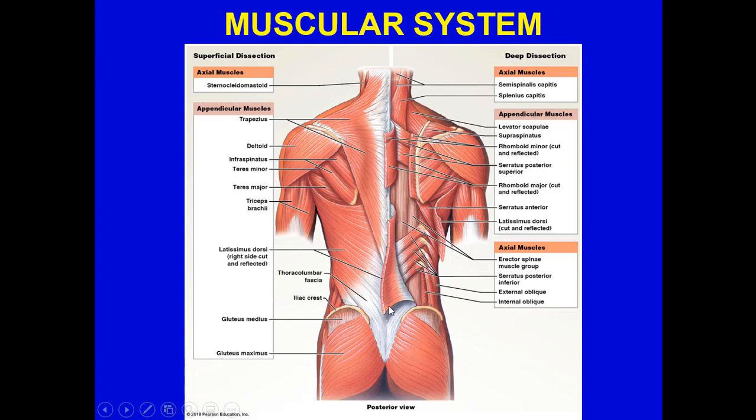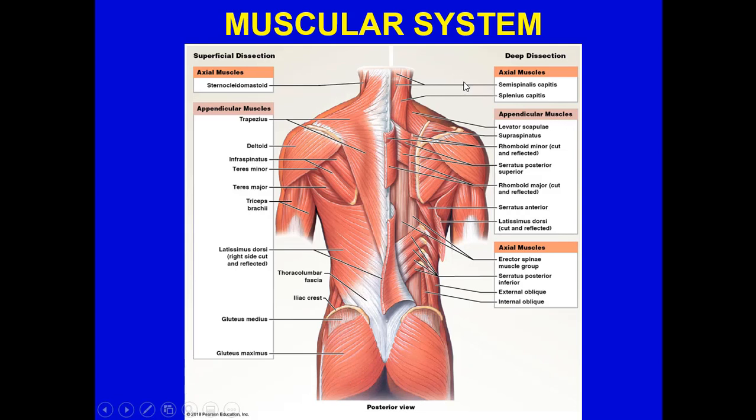Now on this side they cut and reflected it, but you see how far it goes down. Then you have the thoracolumbar fascia, which is right here, and it eventually attaches to the iliac crest, which the gluteus medius is attached to. You have the gluteus maximus here.